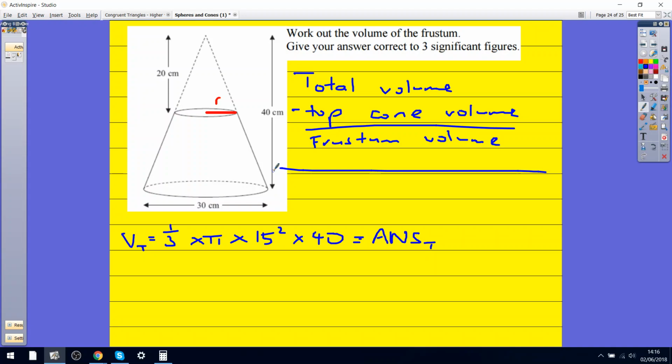What's the relationship between the heights? Yeah. So that little cone is half the height of the total. Any idea what the radius would be? Or what the base of the little one would be?